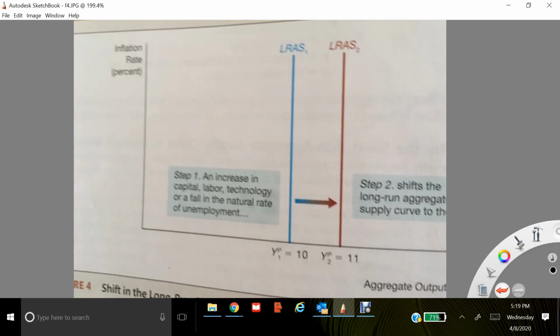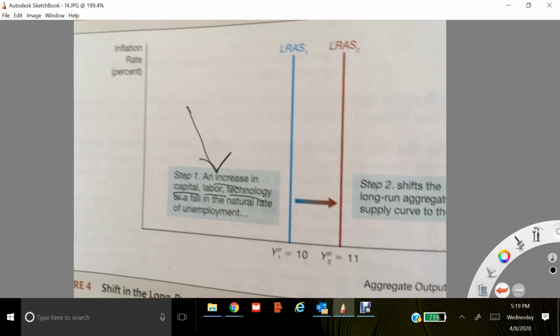So the first thing we're going to do in studying how the aggregate supply might change, we're going to look at what might happen here when you had either an increase in capital, labor, or technology.